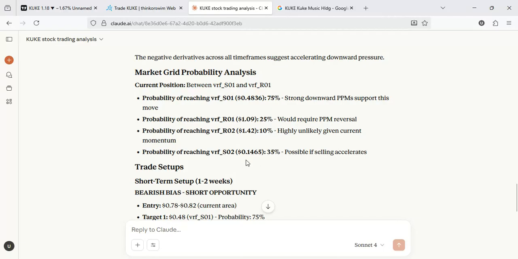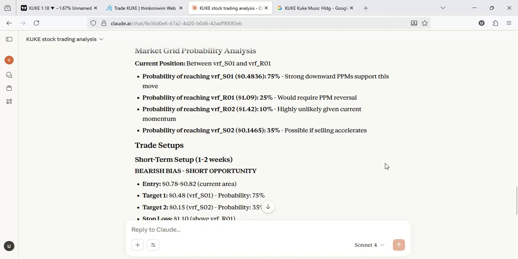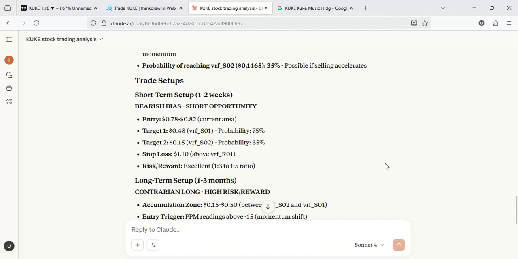However, going as low as 0.1465 is 35% possible if selling accelerates. So the trade setup supports a bearish bias.